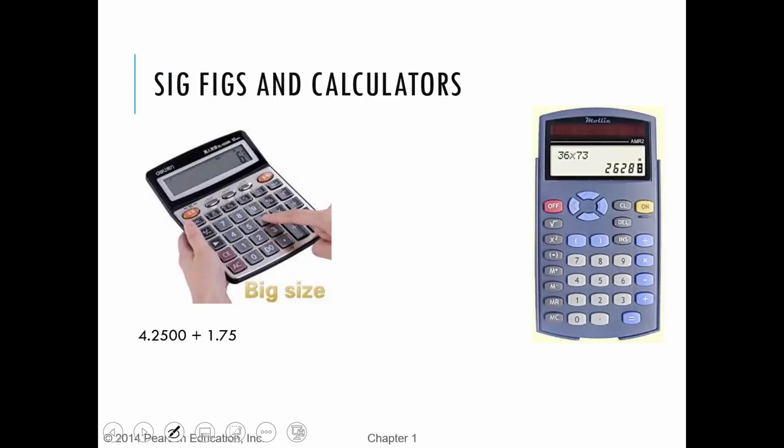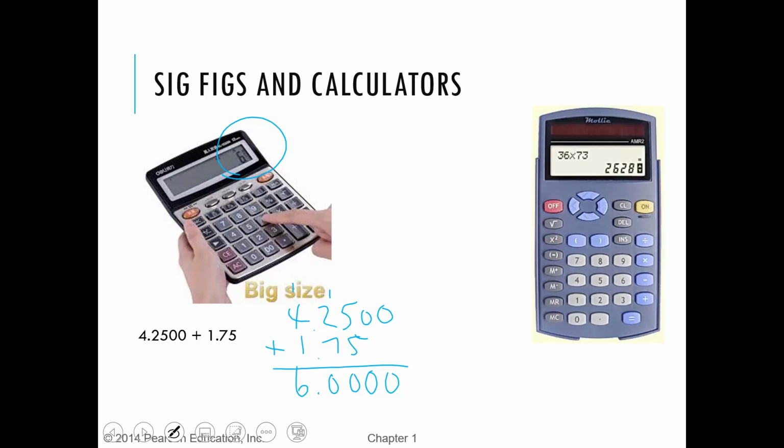Now, something to be careful of is your calculator and being cognizant that your calculator is a tool and we need to know how to use our tools. So let's say, for example, I typed in 4.2500 plus 1.75. If you were to try this in your calculator right now, your calculator will probably tell you just like this one did, and it'll just say 6.